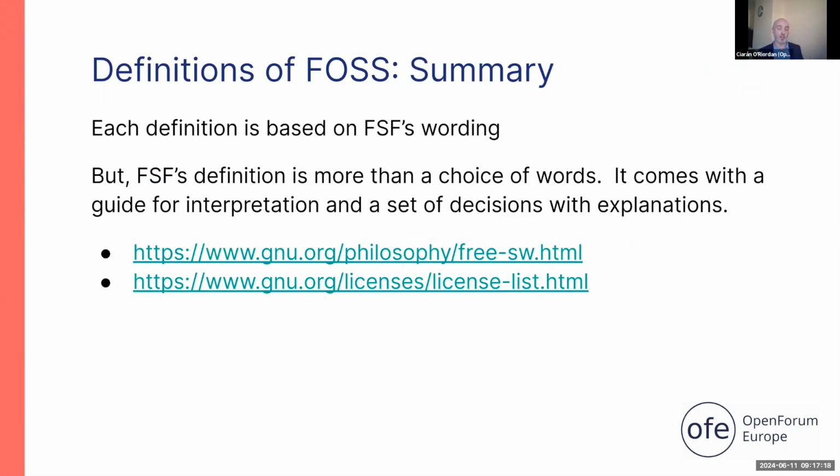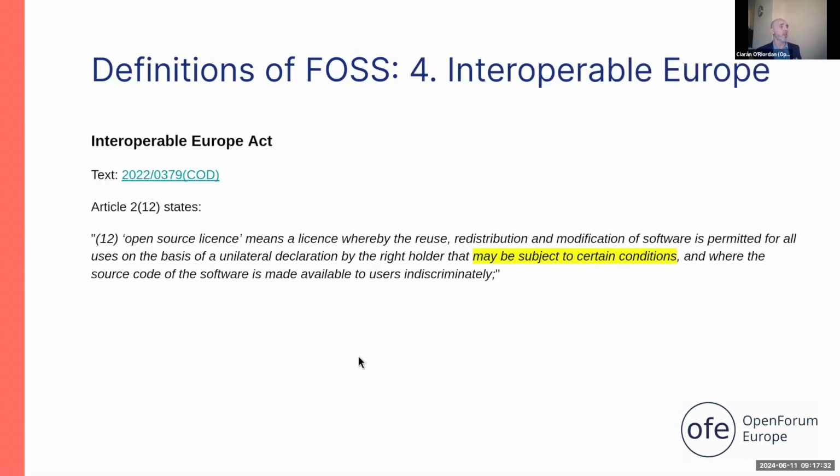So the guideline is in their document, which defines what is free software, and their decisions are the license list, which shows the licenses which have been approved and rejected, and then it gives the reasons for why each license was approved or rejected. So this is important because the definition from the FSF allows for certain, they don't use the word conditions, but allows for certain, I'll call them conditions, to be applied to the distribution of the software.